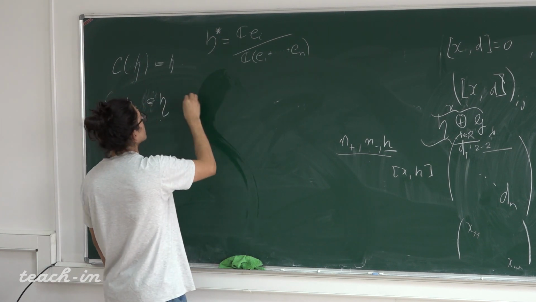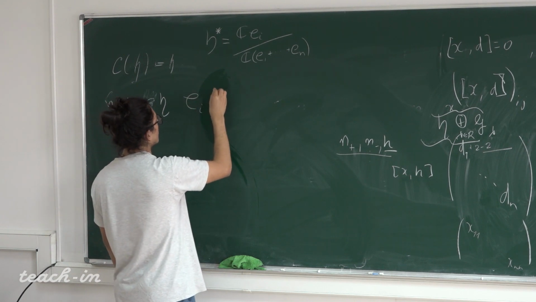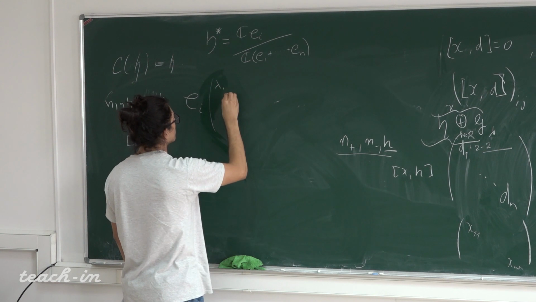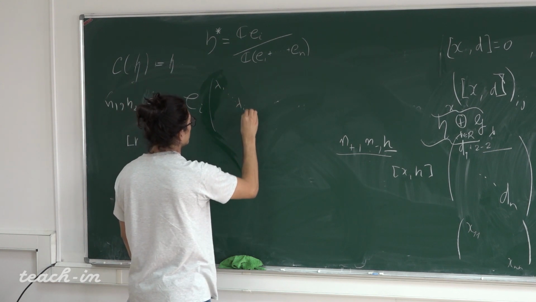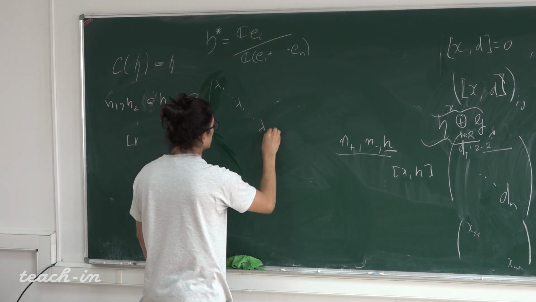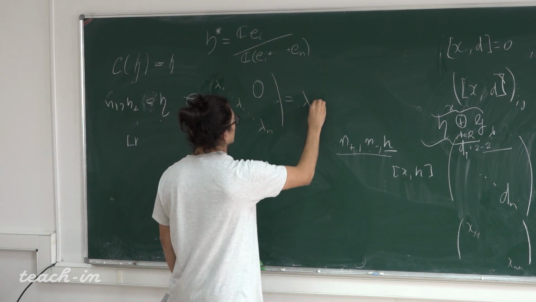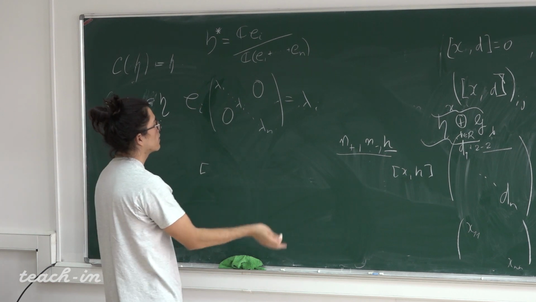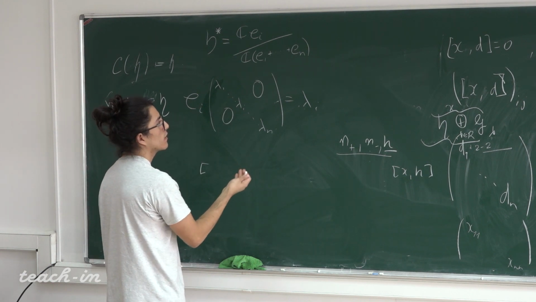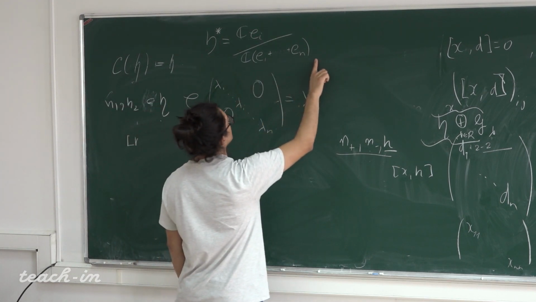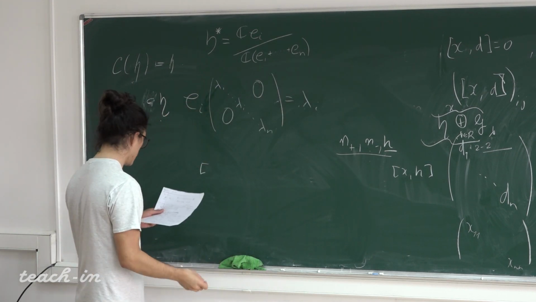Each operator, for example, AI, when it acts on the one, on the I, on the N, we use lambda I, and it gives lambda I. All these matrices are of trace zero, right? So that's why we take this relation.